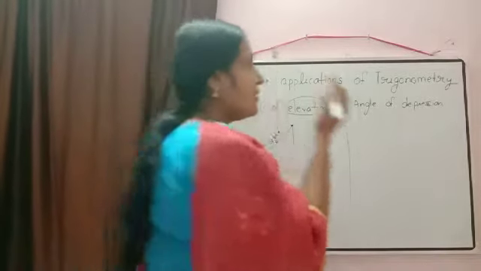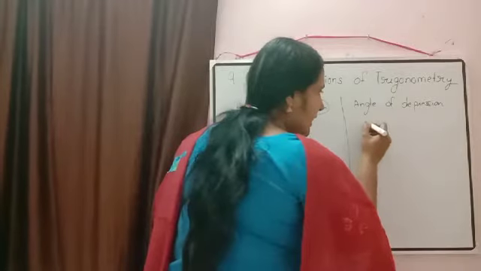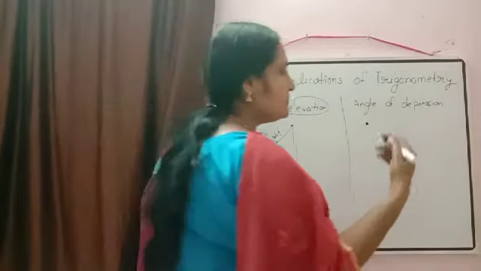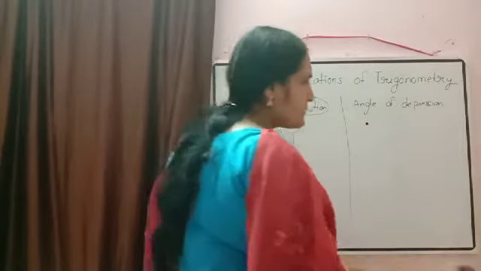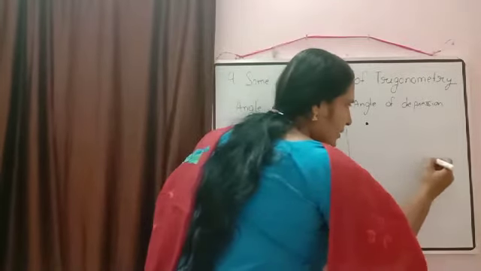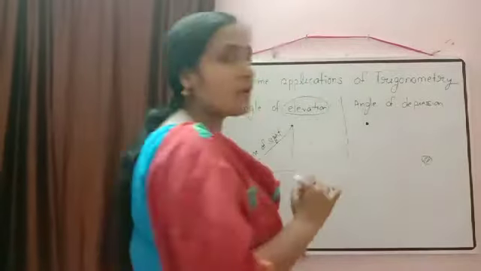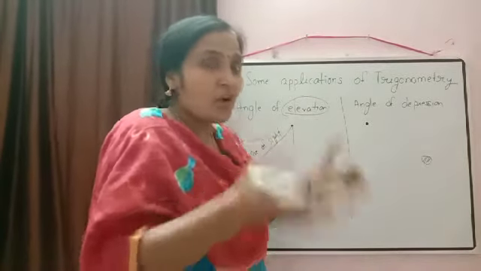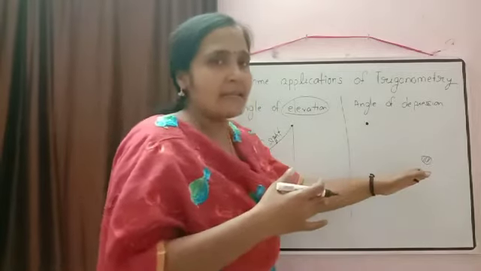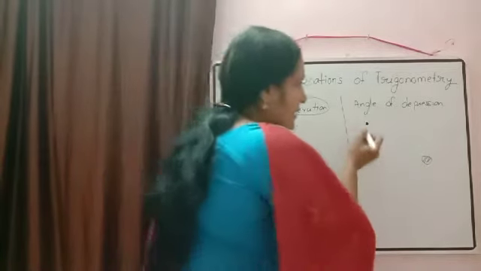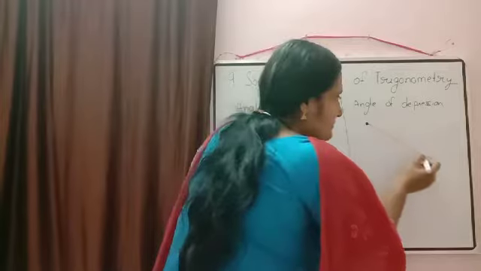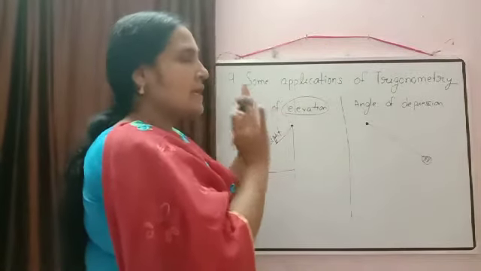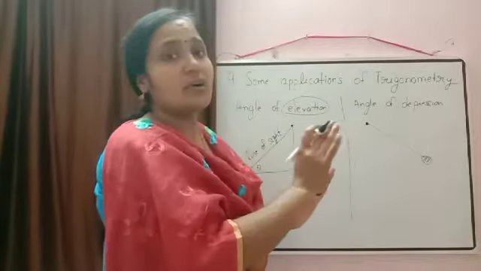Suppose you are on the balcony of your house and you are looking at an object on the road. Suppose a ball is there on the road and you are looking at this ball. Normally I am looking, the ball is not looking at you. So the line of sight will come in this way only.